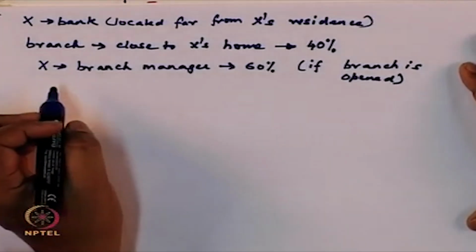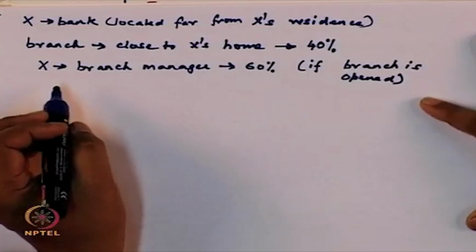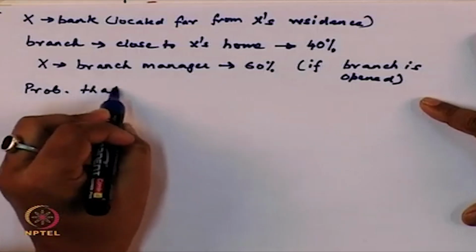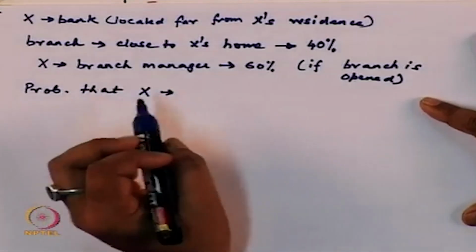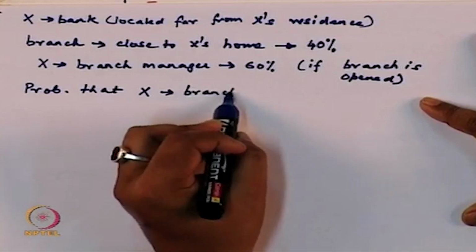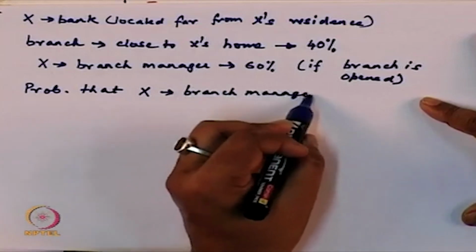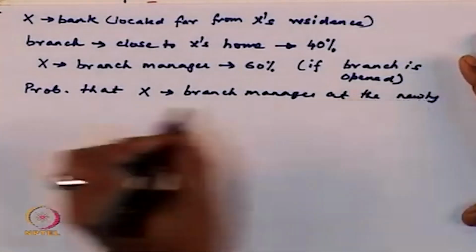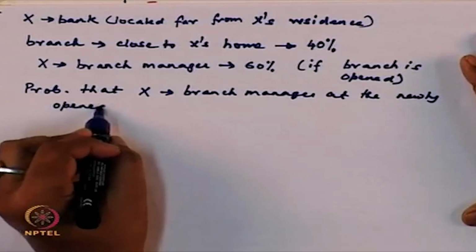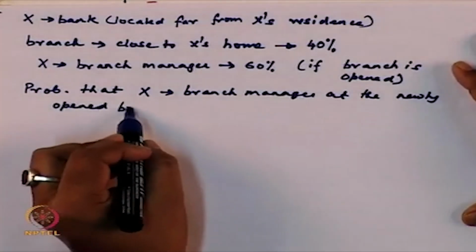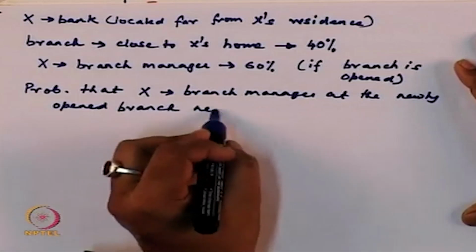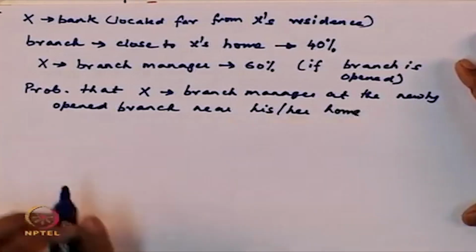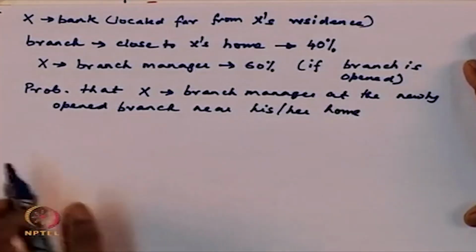I want to ask the question, what is the probability that X is branch manager at the newly opened branch near his or her home? I want to calculate this.